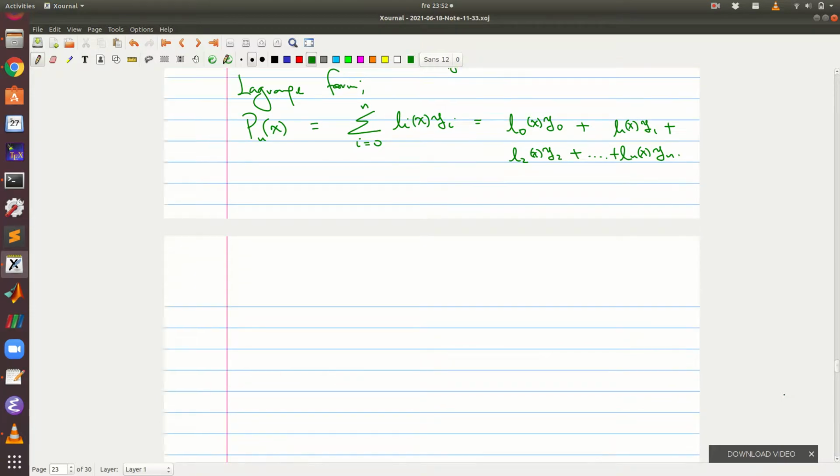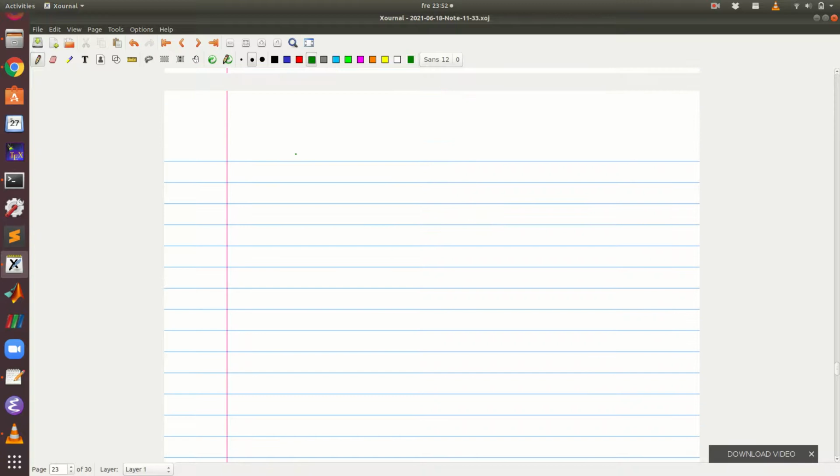The example we have here is a table with values given to us, and we would like to have a polynomial of degree 2. Remember, we said that if we have three data points, then we can have a polynomial of degree 2 or less.